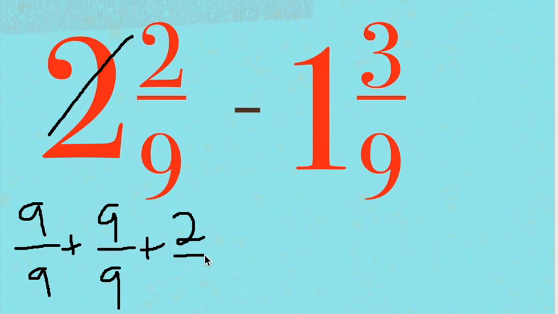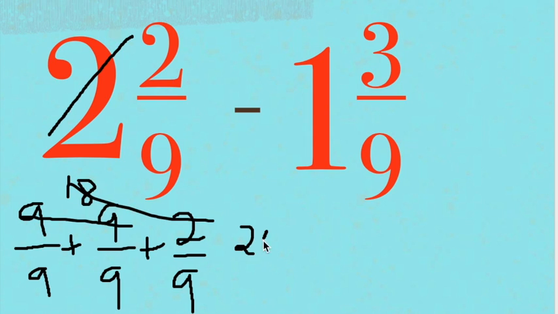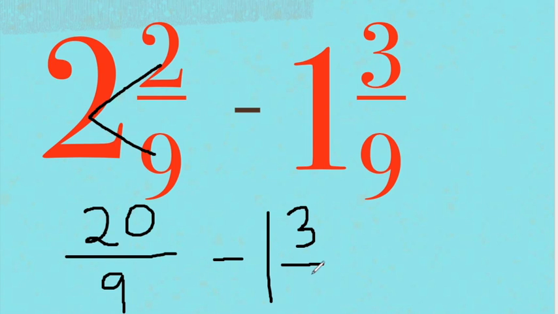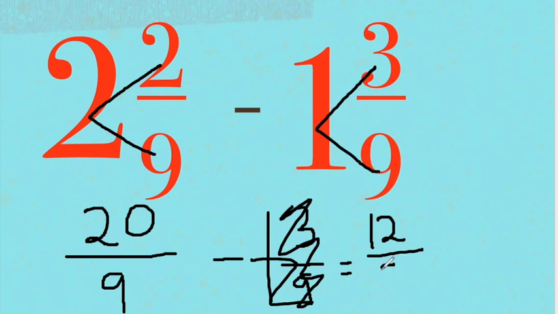You see where I got those extra 9s from? Now I take that whole thing and I say, okay, I'm just going to call that whole thing 20/9. Now I'm going to subtract 1 and 3/9. But that 1 and 3/9 still don't work, right? So now I'm going to say, I'm going to call that 12/9. And now I can solve the problem.